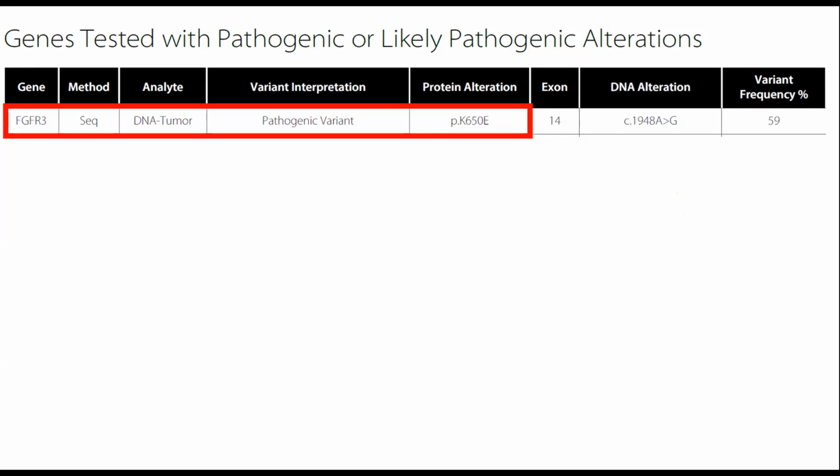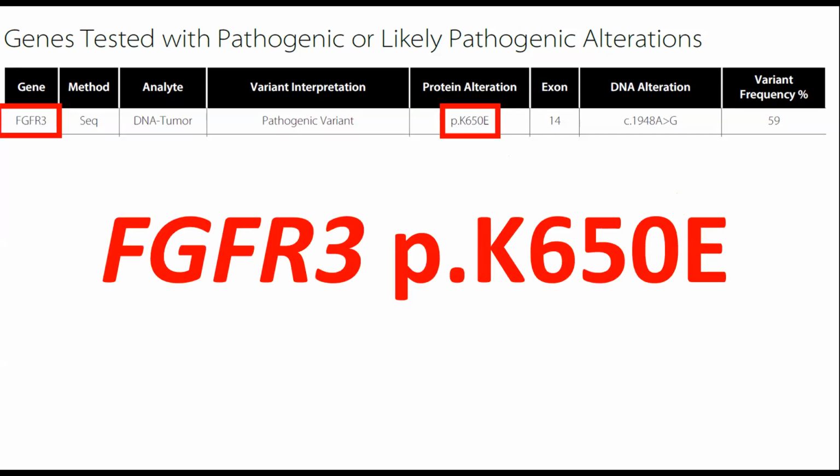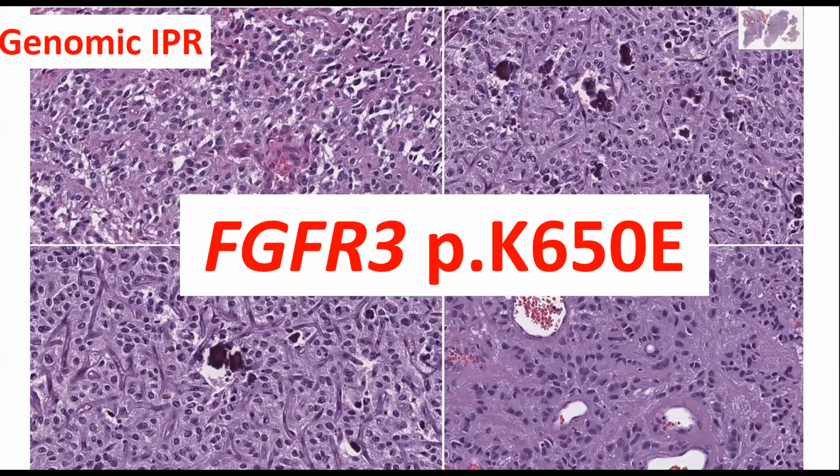This locks it in. So there's a signature that's key. And now finally, this is the IPR, and it consists of the histology plus one of the critical molecular signatures.